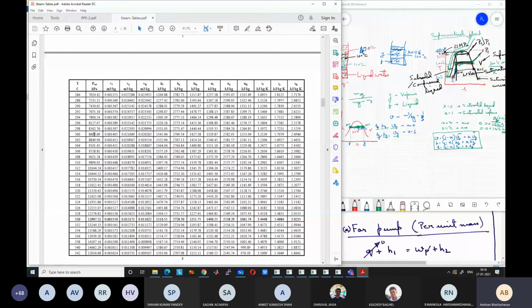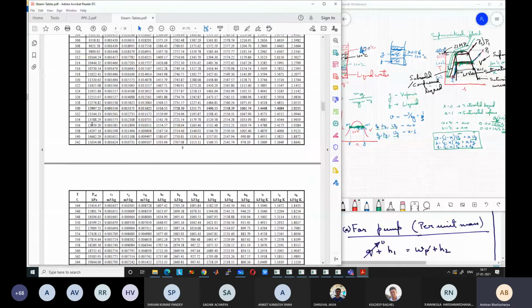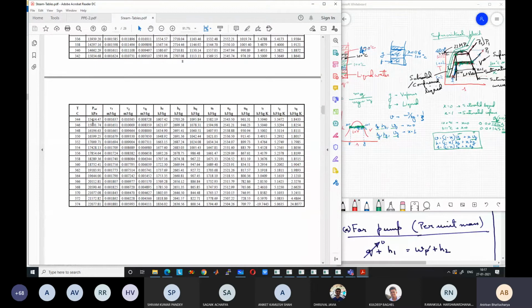If you keep on increasing, you will reach a point, not given here fully, 374 degrees centigrade, which is very near to the critical point. At that point, the boiling pressure is around 22 megapascal. Okay.